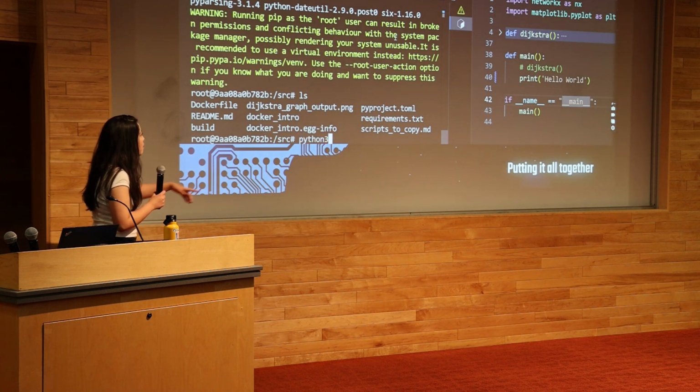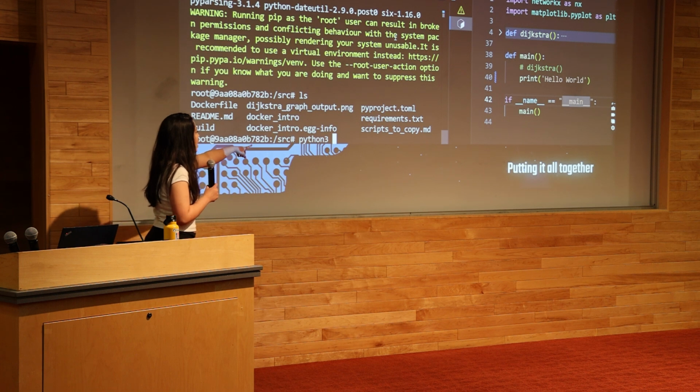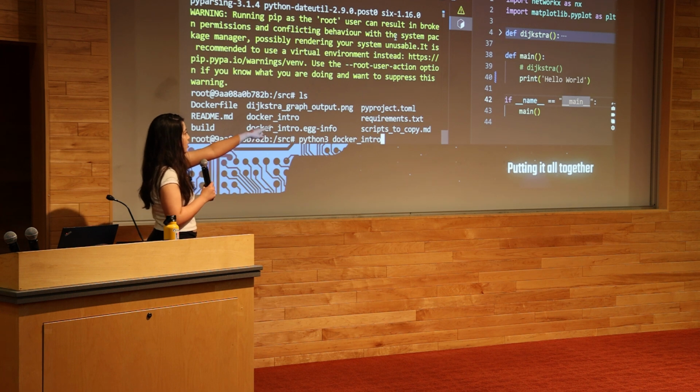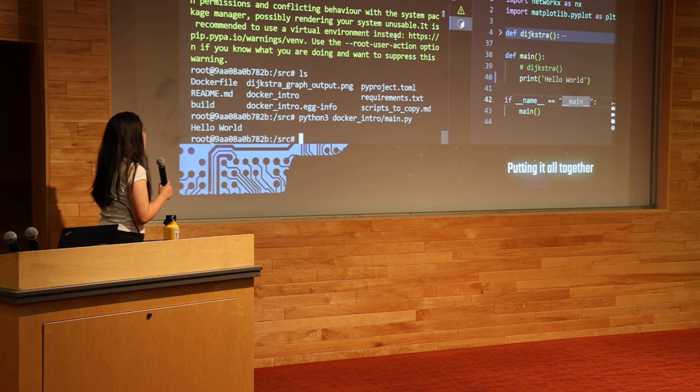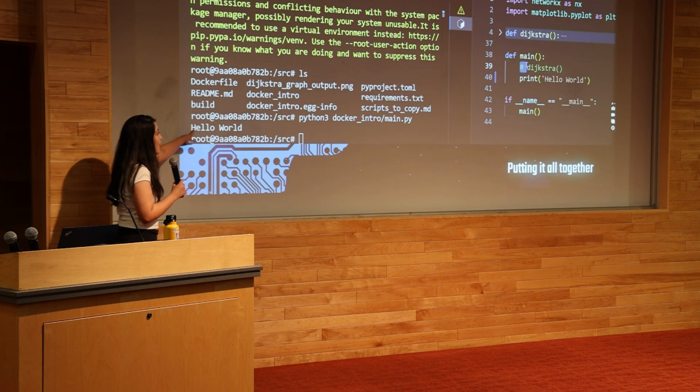Now I can run my Python 3 main.py, and it should have hello world come out because that is what it built with. Yeah, so you see that hello world come out here.